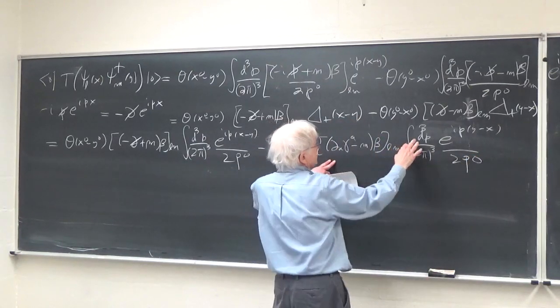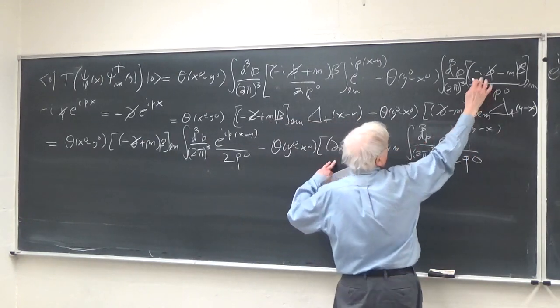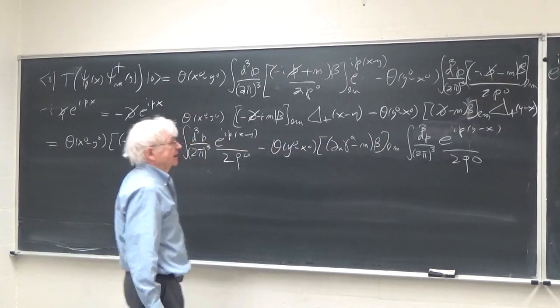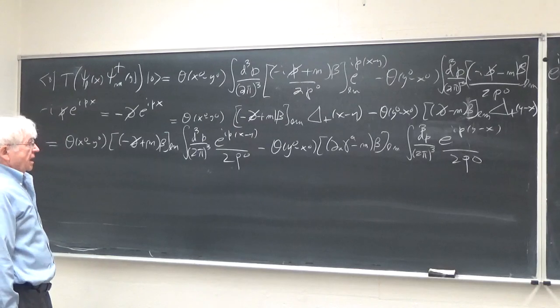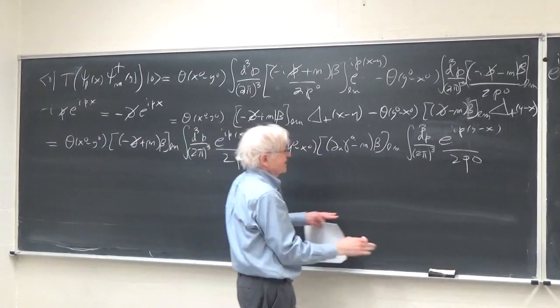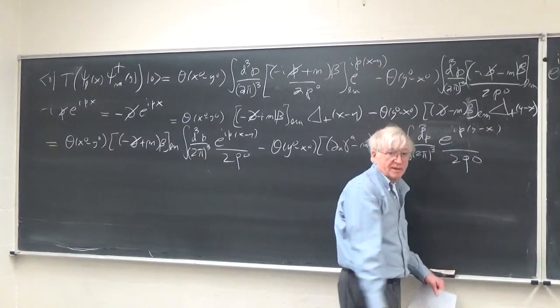So these derivatives bring down minus i p. On the other hand, this integral is delta plus of x minus y, and this integral is delta plus of y minus x.